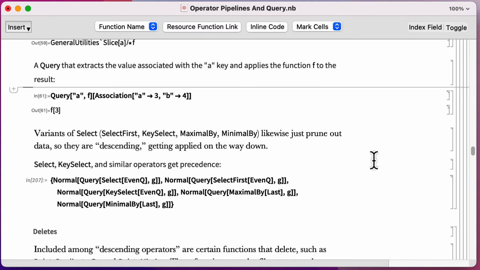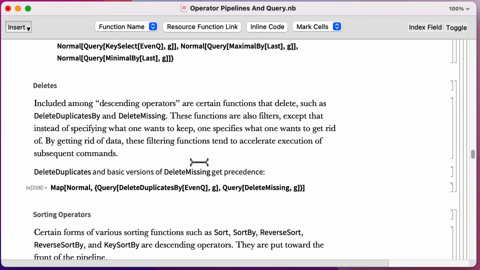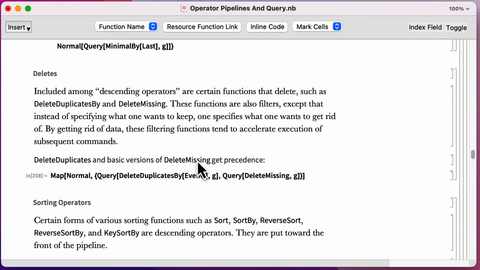All right, there are variants of select, select first, key select, that are also descending. What else is descending? Deletes. If you have data that you want to get rid of, you might as well get rid of it first. And so various functions that delete tend to be descending operators. Here I'm going to delete duplicates.